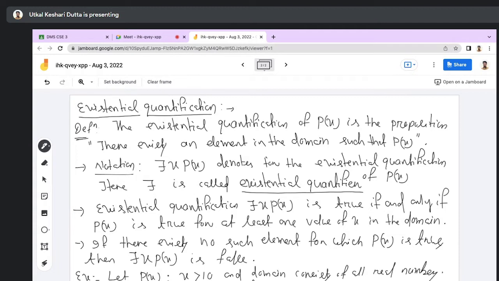That means your domain is important. The domain D is the set of all real numbers, that is R. So you can check that if you take x equal to 11, 12, 13, 14, for all these values P of x is true.